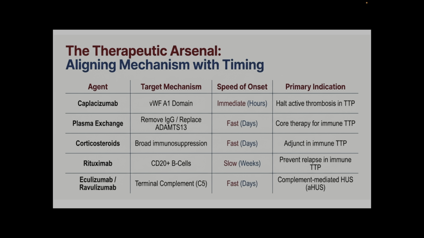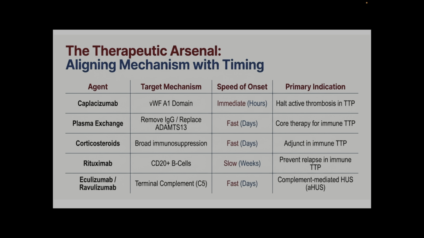The therapeutic arsenal, aligning mechanism with timing. So this slide brings all the therapeutic options together and importantly compares them according to their speed of action and mechanism. Caplacizumab acts within hours to halt active thrombosis. Plasma exchange works rapidly by removing pathogenic antibodies and replacing ADAMTS13.